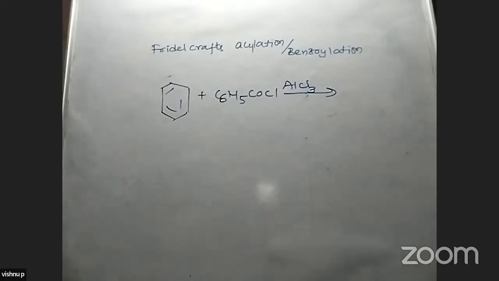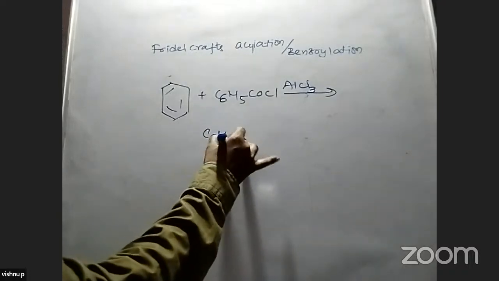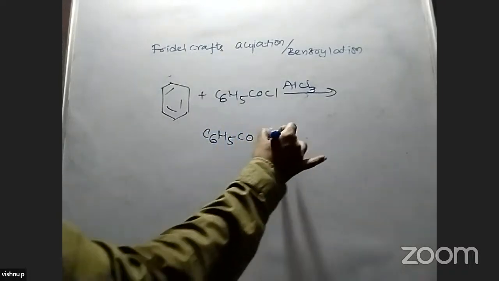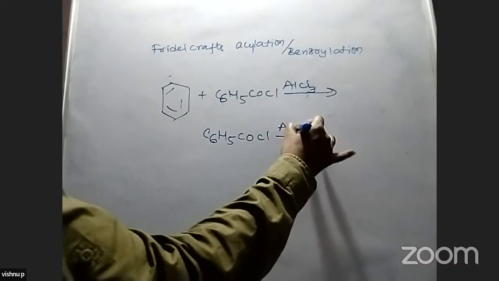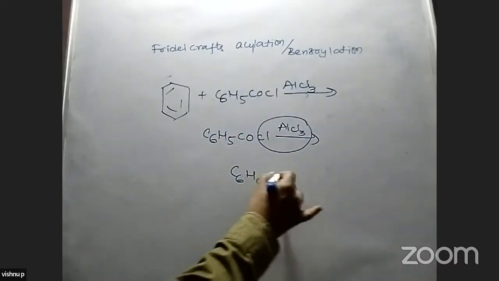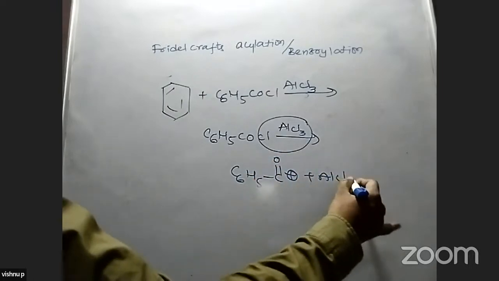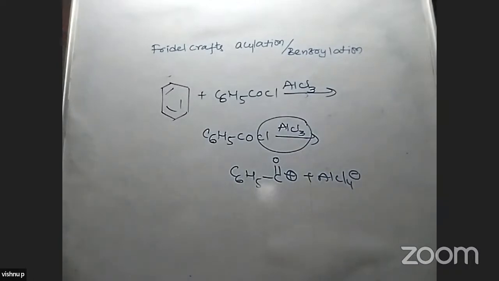So, what is the first step of this reaction? C6H5COCl when it reacts with AlCl3, we get C6H5CO plus electrophile along with AlCl4 minus.